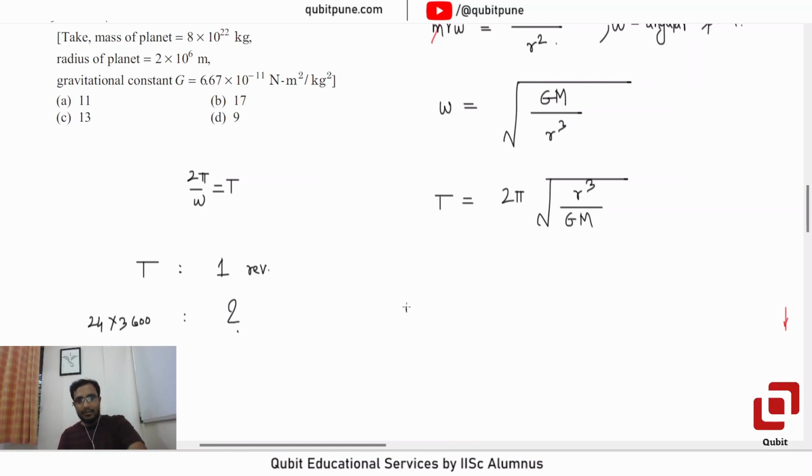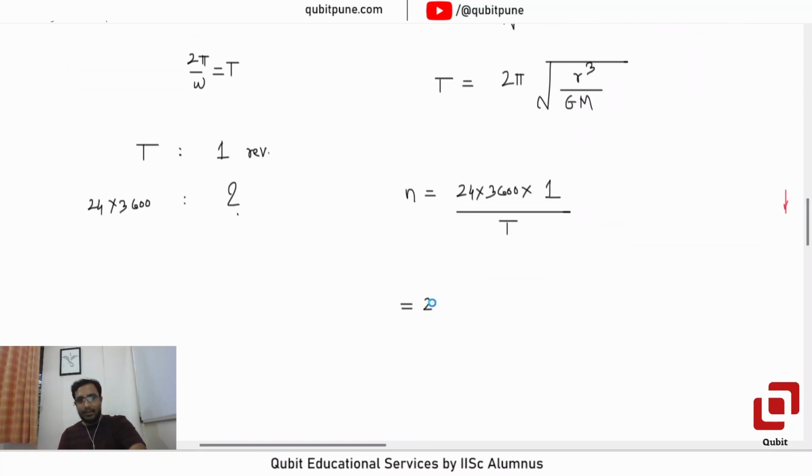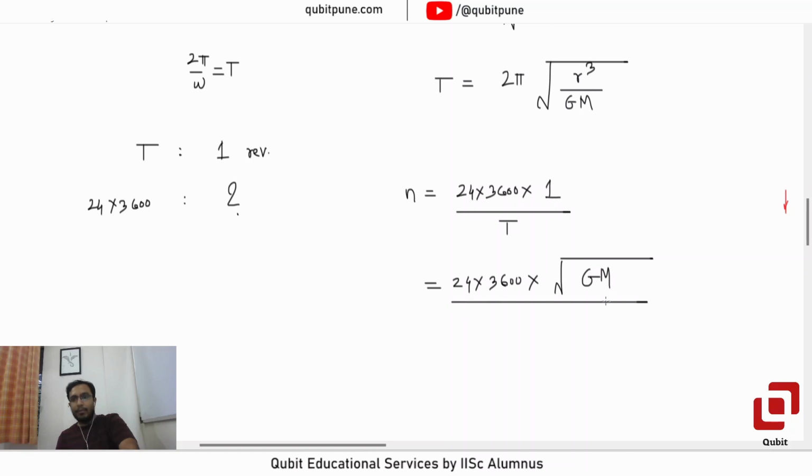The answer, let us call it n, will be 24 into 3600 into 1 upon T. So T is in the denominator now, so n is 24 into 3600 into root of GM upon 2 pi into root of r cube.